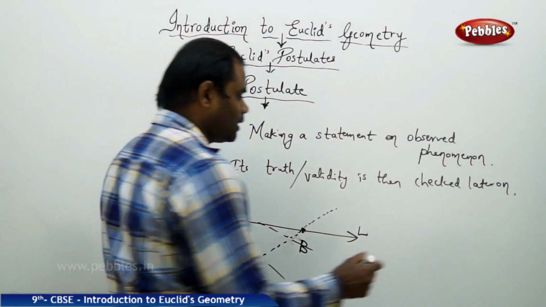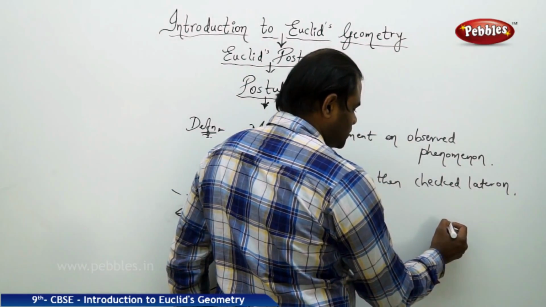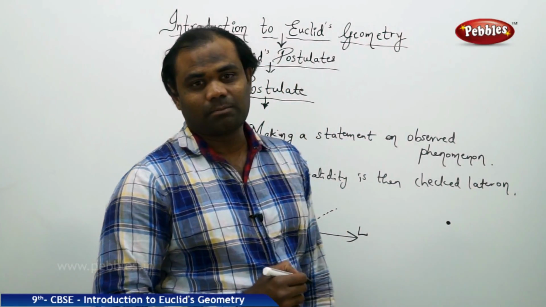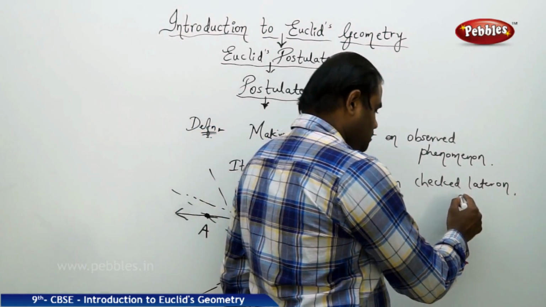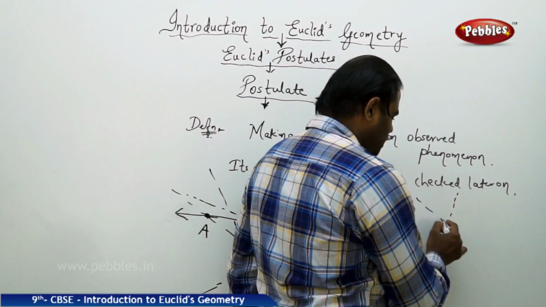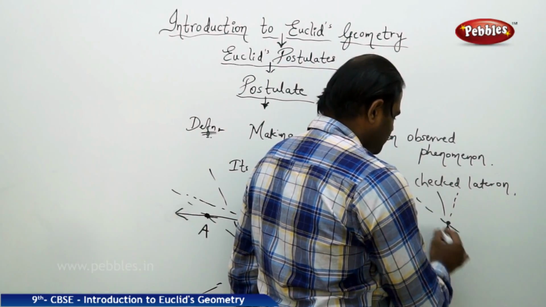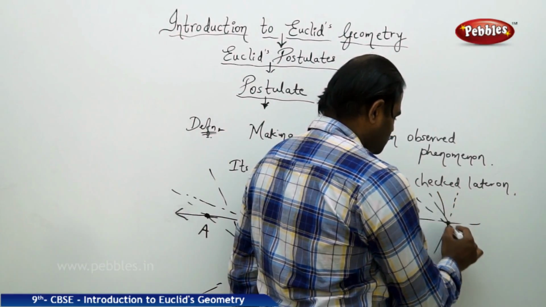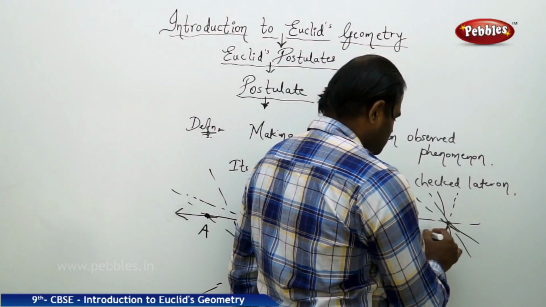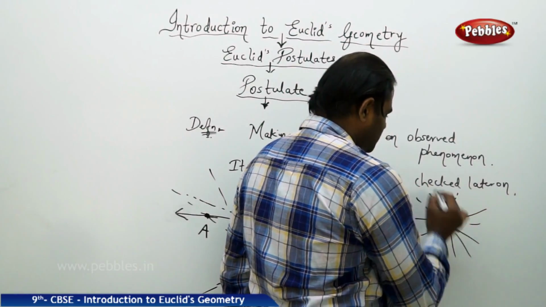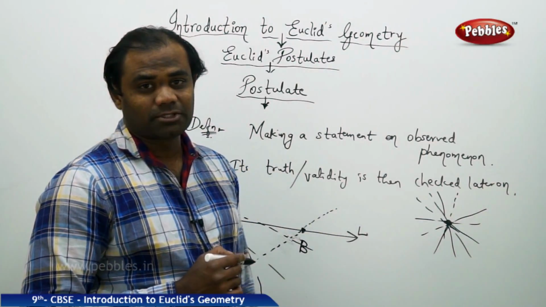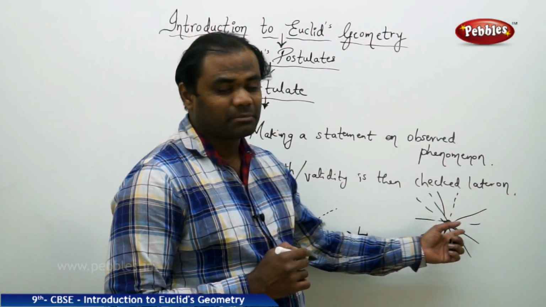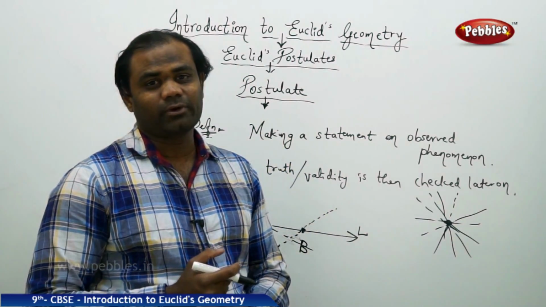Similarly, I take a point and I want to see how many lines are possible to be drawn through this point. So I investigate with 1, 2, 3, 4, 5, 6, etc. Different lines pass through the point. So I make the statement that there are infinitely many lines which pass through that point.